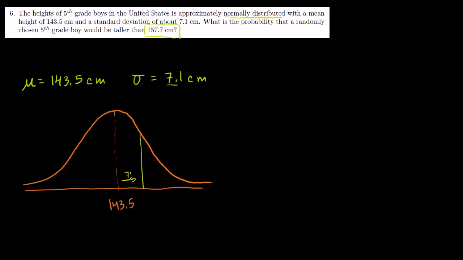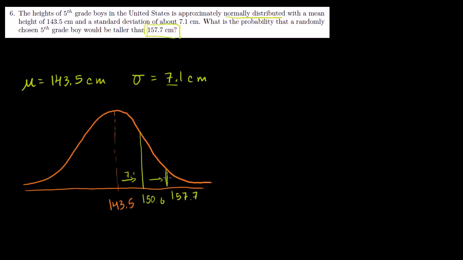So 143.5 plus 7.1 is 150.6. That's one standard deviation. If we go another standard deviation, we go 7.1 more. What's 7.1 plus 150.6? It's 157.7, which just happens to be the exact number they asked for.